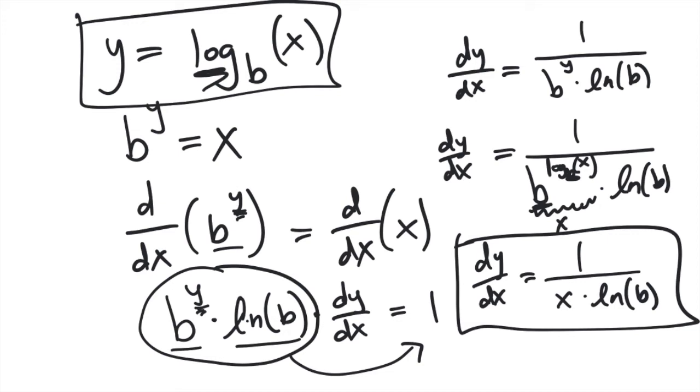Well, in this derivative with logs, there's also an extra natural log of b showing up on the bottom because we don't know what that base b is, and the different bases that you could have for b change your answer, change the problem that you have. So we've got to account for b in there somehow. Okay, the proof for the natural log is almost exactly the same. We'll look at that. That'll be really quick as well.